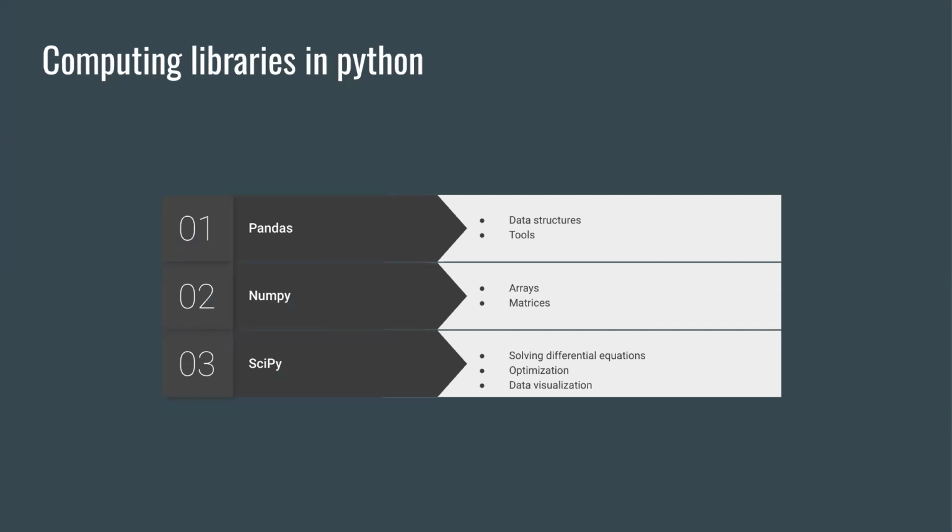Out of those libraries that we looked at, here are the computing libraries in Python, and these three are major libraries for data analysis in Python. The first one would be Pandas, and Pandas offers data structures and tools for effective data manipulation and analysis.